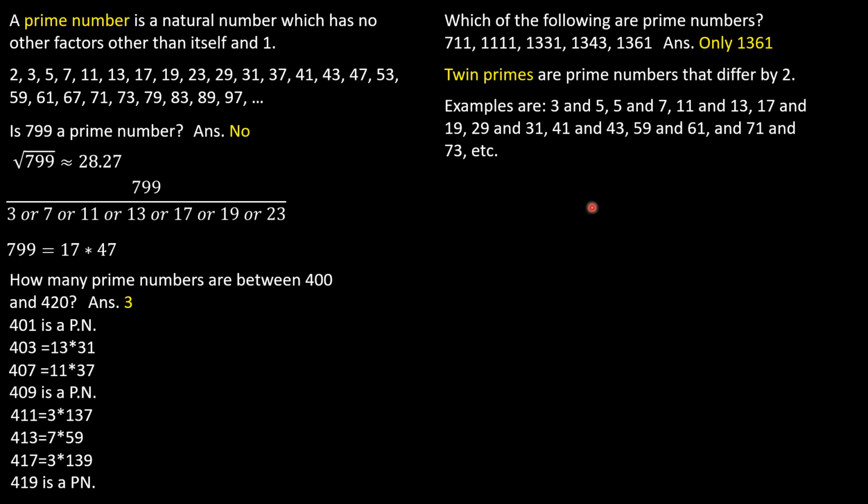So that's the last for 2 digits, and then there are more for 3 digits, and so on and so forth.